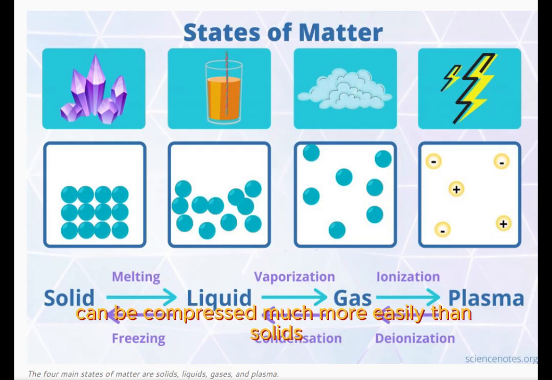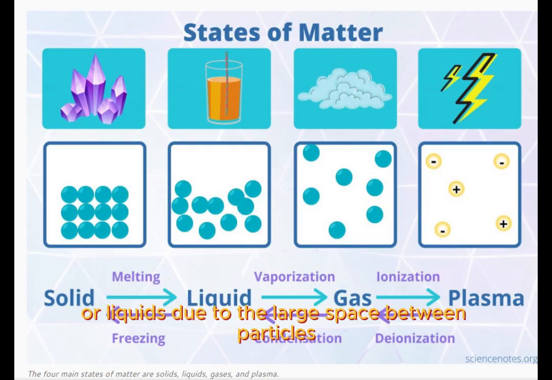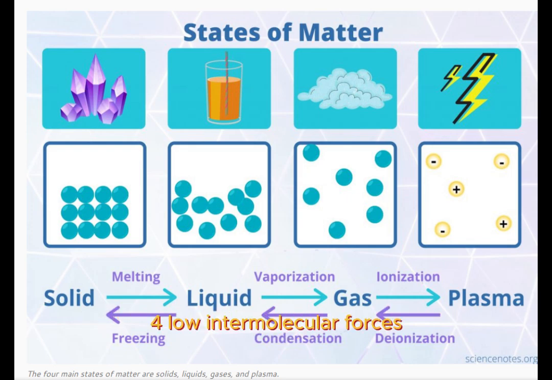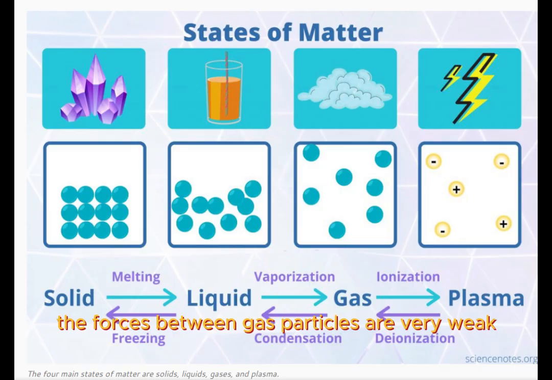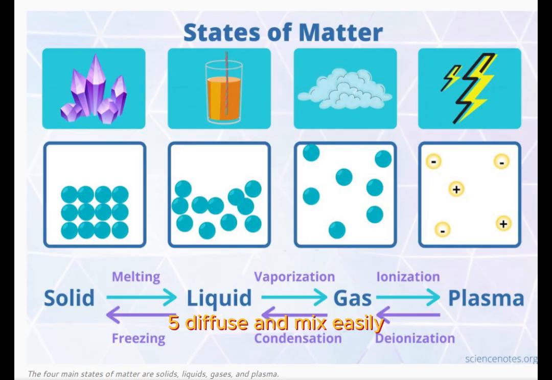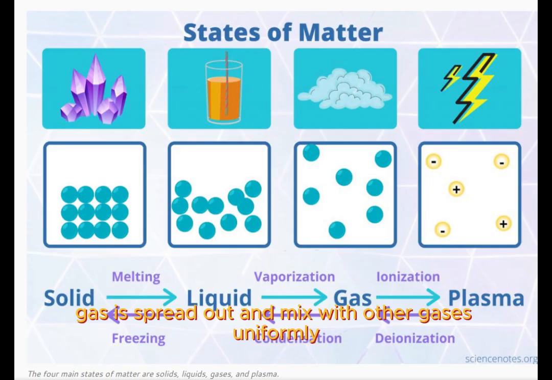Gases can be compressed much more easily than solids or liquids due to the large space between particles. 4. Low intermolecular forces. The forces between gas particles are very weak, allowing them to move independently. 5. Diffuse and mix easily. Gases spread out and mix with other gases uniformly.